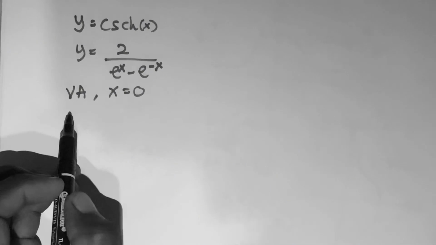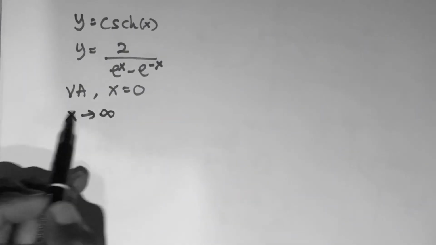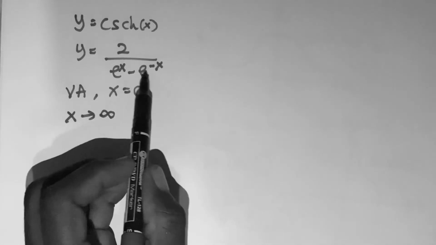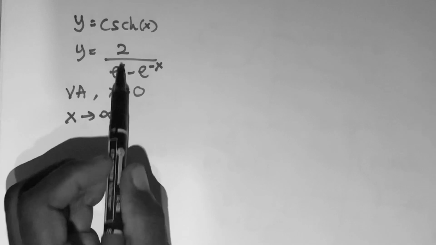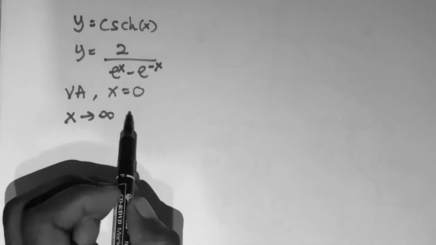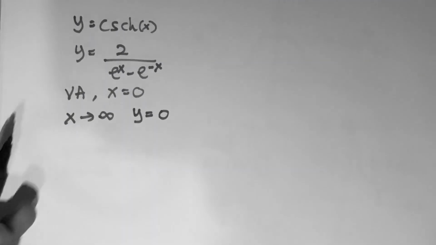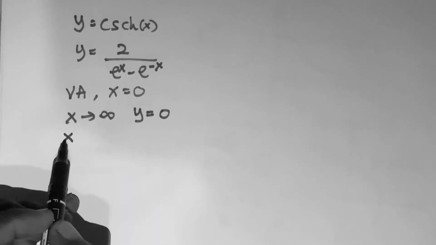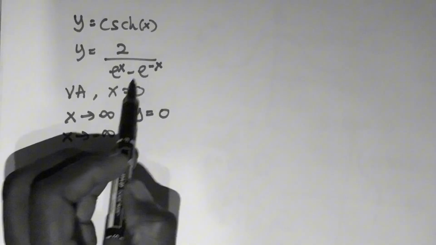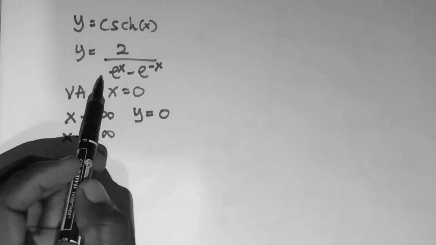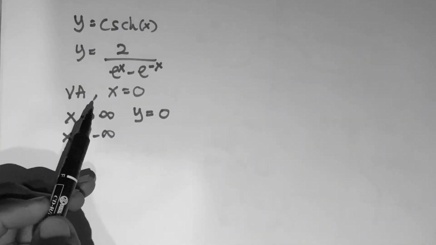Now, what about limits at infinity? As x approaches infinity, exponent minus x approaches 0, exponent x approaches infinity. 2 divided by infinity will approach 0. So y approaches 0. And then as x approaches minus infinity, exponent x approaches 0, but exponent minus x approaches infinity.